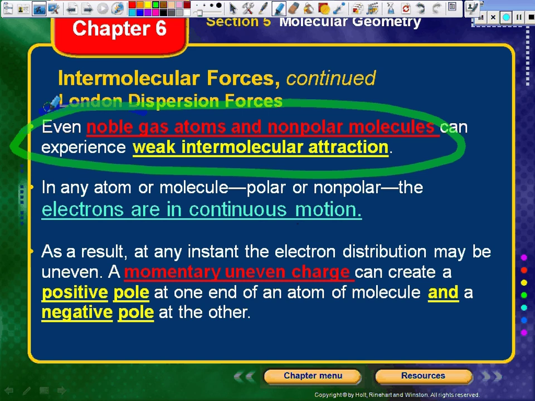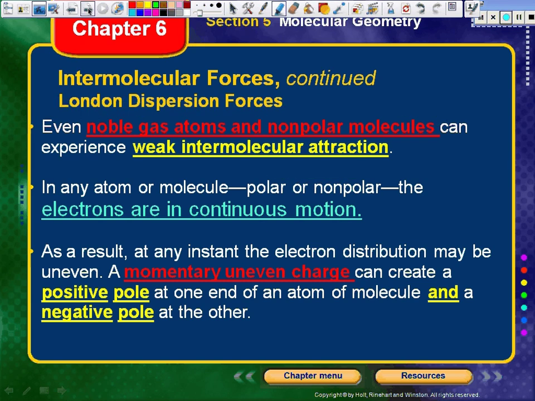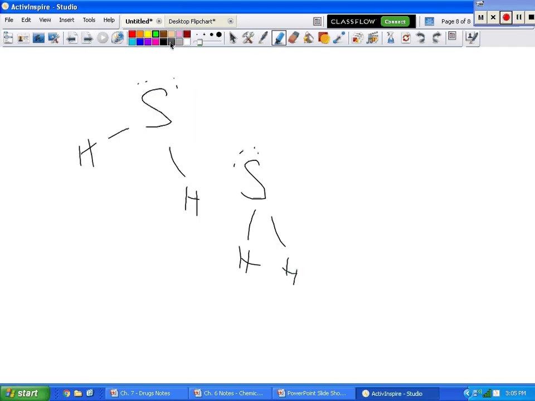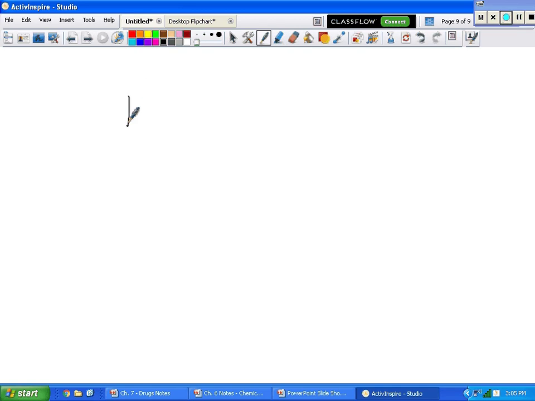This is how I think about it. Let's look at this. It's actually better if you see it drawn. What happens if you have iodine and iodine? Which I is stronger than the other? Neither one of them. So do you agree that this kind of happens?